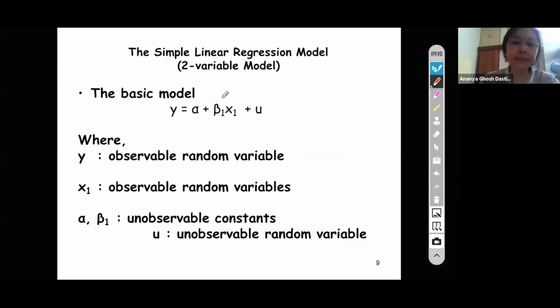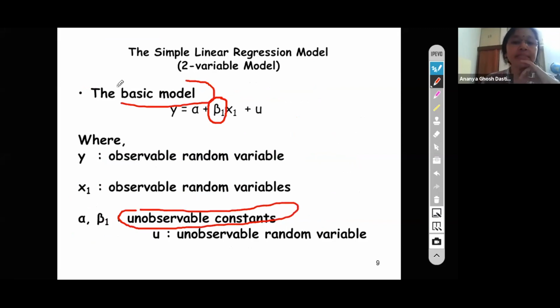This is beta. What is beta? It is an unobservable constant. What is it a part of? It is part of my basic theoretical model. I'm saying that there is a straight line relation between y and x. I don't know what that straight line is. I will estimate it using some data on y and some data on x. So when I'm starting out, I'm specifying my model and I'm saying that y is equal to alpha plus beta x.